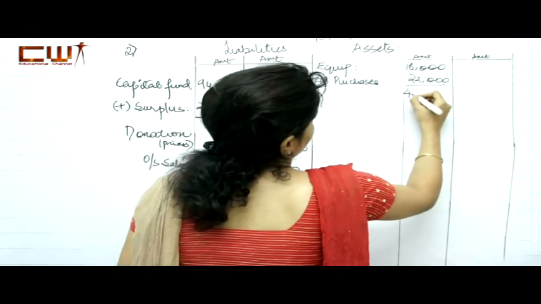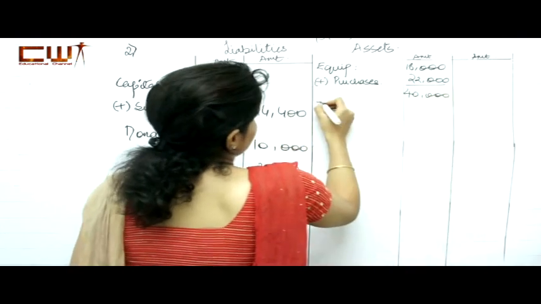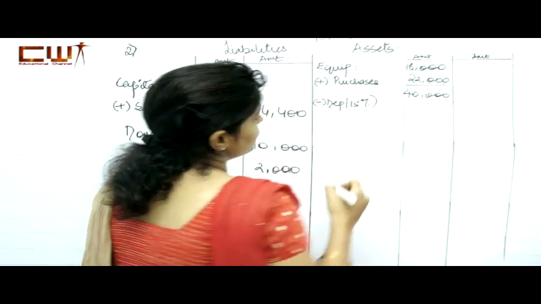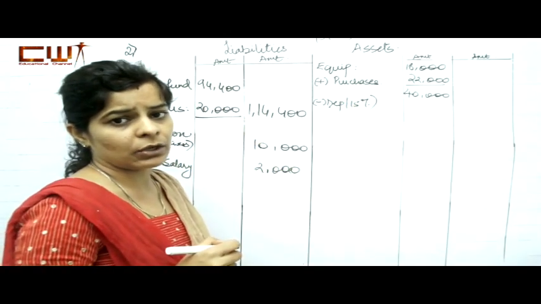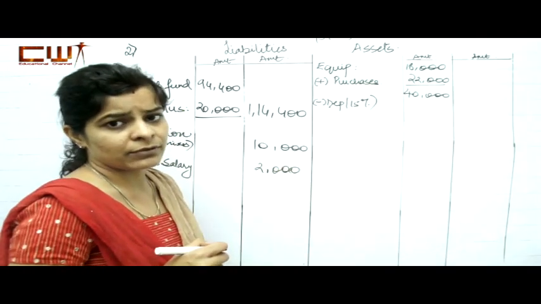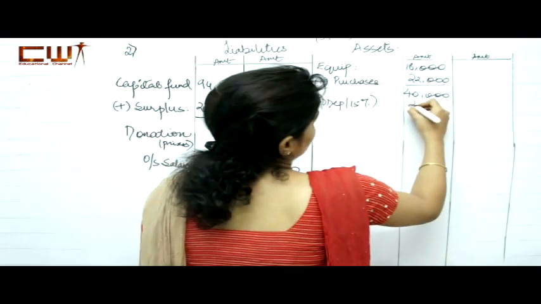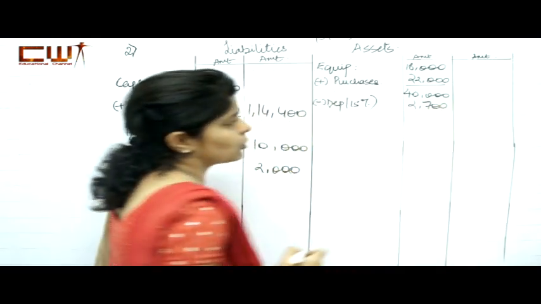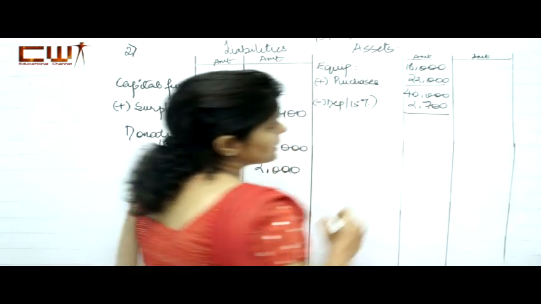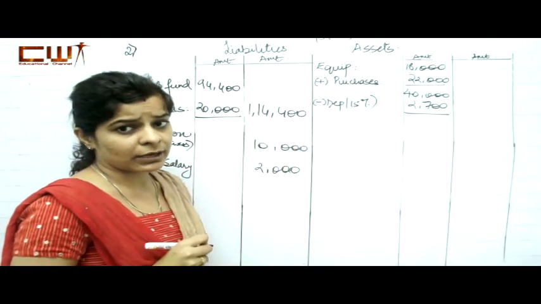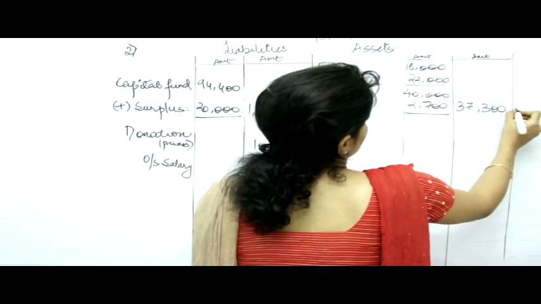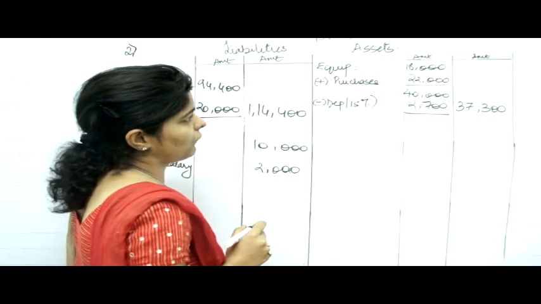See, 15% will not be calculated on 40,000, but it will be calculated on the opening balance, right? So it will be 2,700. So 40,000 minus 2,700 will be 37,300. This will be your dealing of equipment.